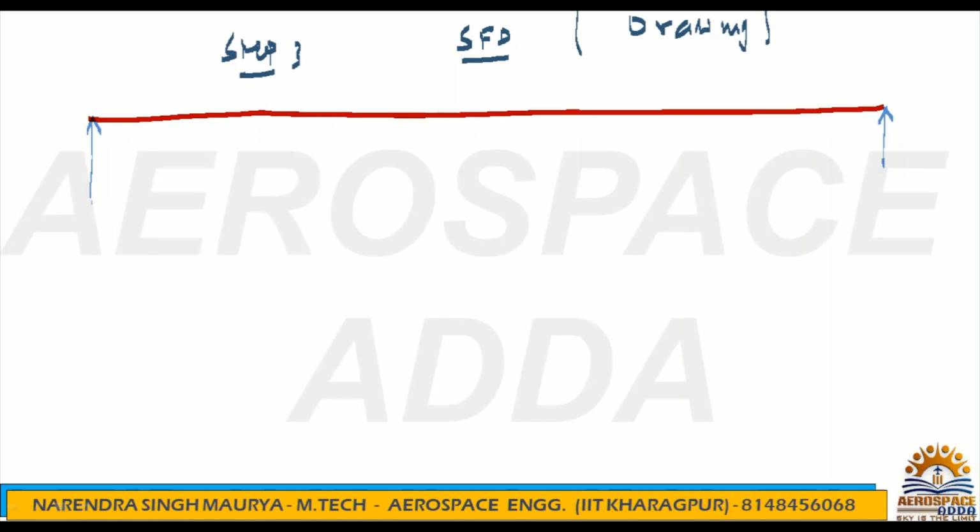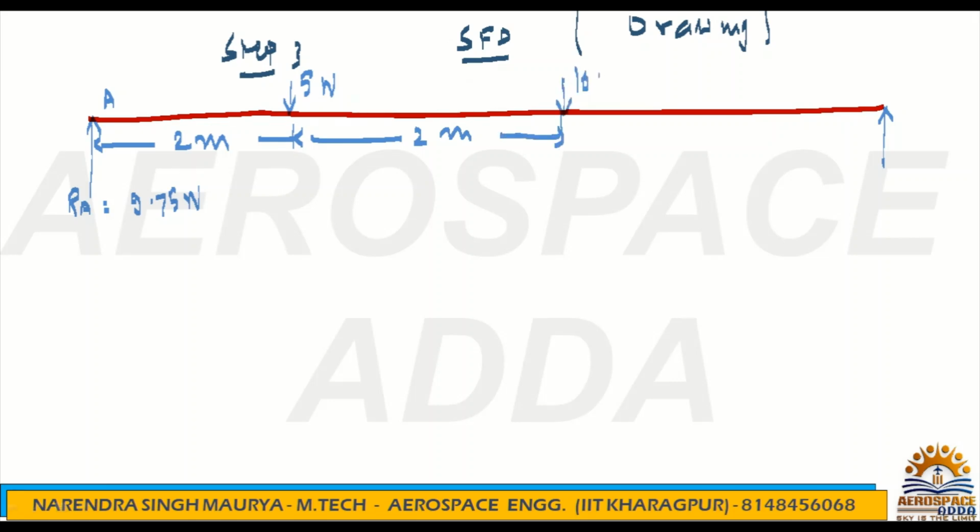So this is nothing but Ra, and Ra you have just calculated, it was 9.75 Newton. Then you have this value, which is nothing but 5 Newton. It is 2 meters away from this point. This is point A. Then again at 2 meter distance you have one more force, which is 10 Newton.